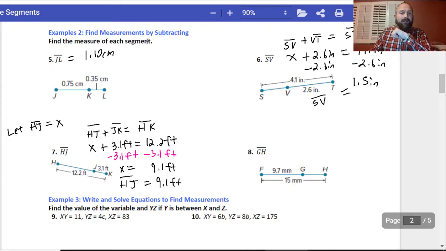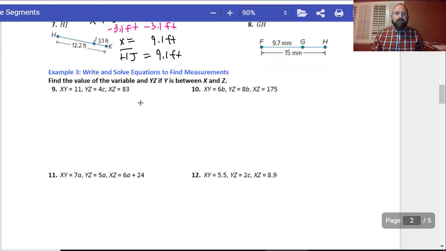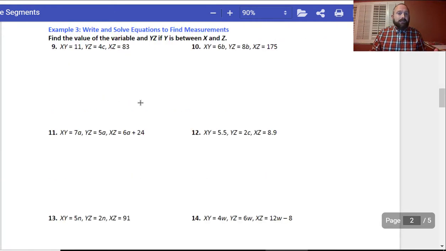All right, so let's go on. So we have this final part right here, and then you're going to keep answering the rest of these, okay? So write and solve equations to find measurements.